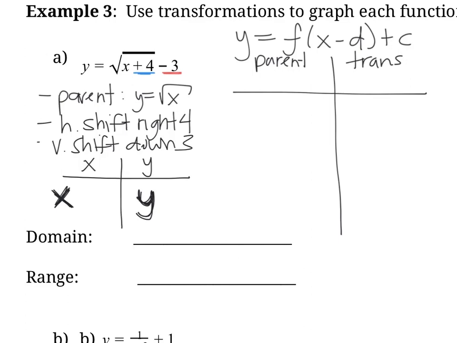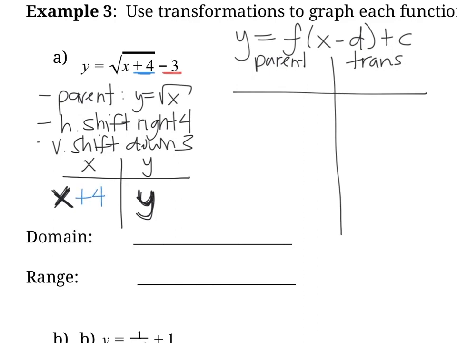So now take a look at this 4. I know that means we're shifting it right 4. So ask yourself, is that going to affect the x coordinates or the y coordinates? Well, if we're going right, that means we're moving along the x-axis, which means it's going to affect the x coordinates. But what's happening to those x coordinates? Well, if they're moving right, that means we are adding 4 to them.